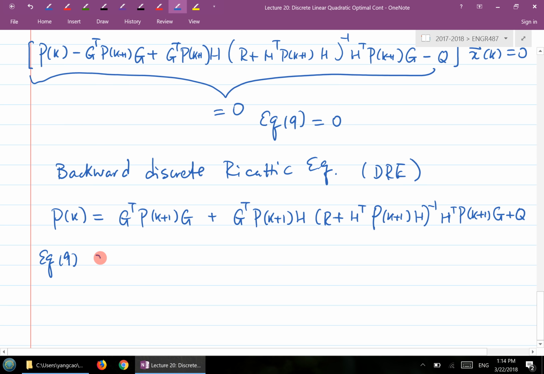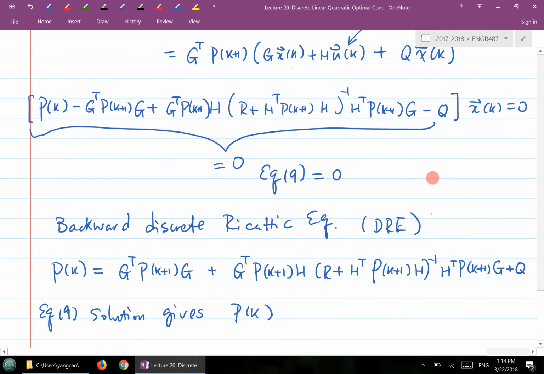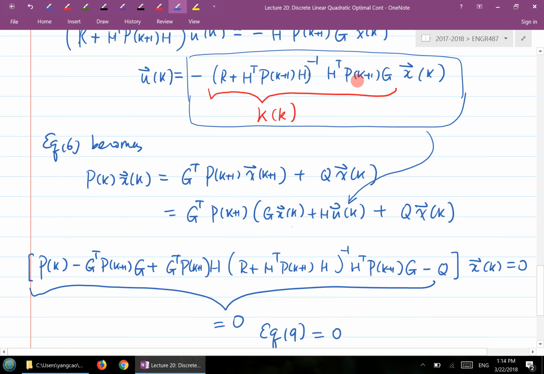So equation 9's solution basically gives this p of k. So the backward Riccati equation will give us the matrix P. And once you have the matrix P, you plug it in here, you'll get this control gain K, right?